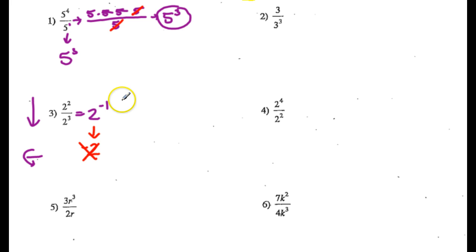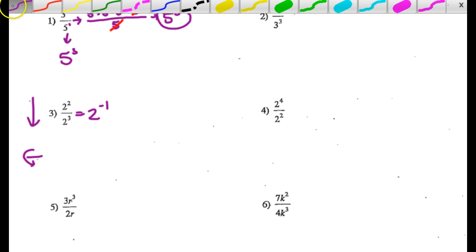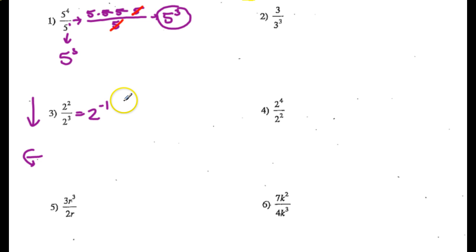Okay, so what I'm going to do here is, just like when we were doing graphing and we had slope, we can always make anything a fraction by putting it over 1, right? So I can take this 2 to the negative 1 and I can put it over 1. It still means 2 to the negative 1 power. And now what I'm going to do is, to get rid of a negative exponent, you move it to the opposite side. So it goes from the top to the bottom.